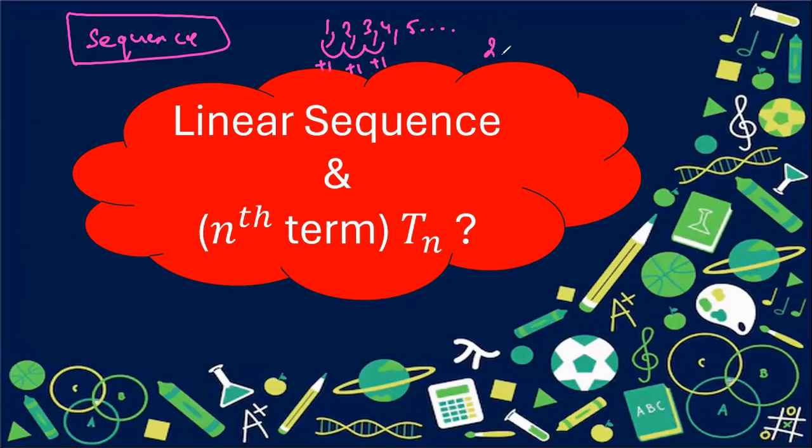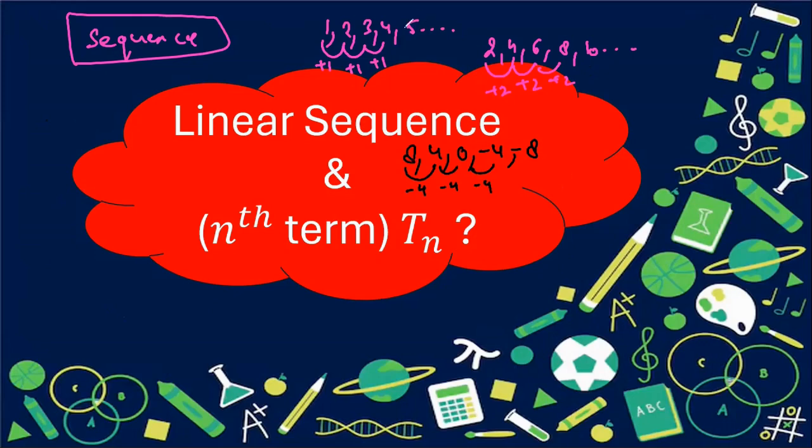Next, if I say 2, 4, 6, 8, 10 and so on, in this I am adding 2 to every previous term to get the next term. So this is also a linear sequence. If I say 8, 4, 0, -4, and so on, let's say up till -8, this is also a linear sequence, because from every previous term I am subtracting 4 to get the next term.